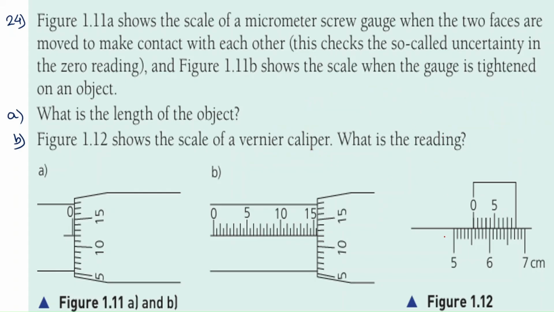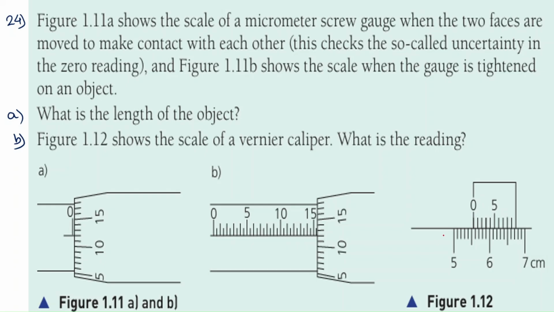The vernier caliper is a kind of simple ruler. It has a 1 mm difference in each division, but in its vernier scale, this is all important here.